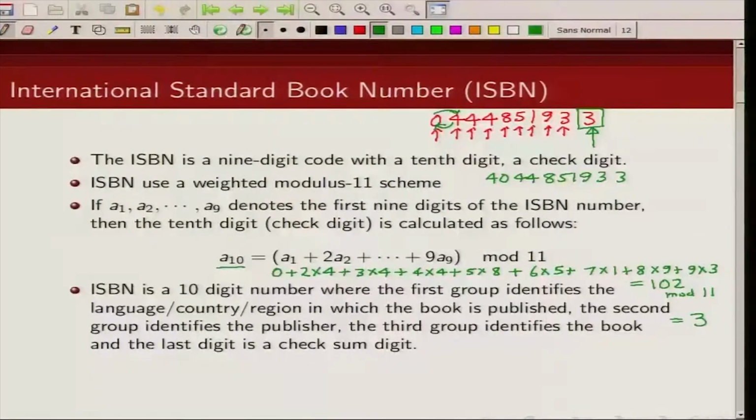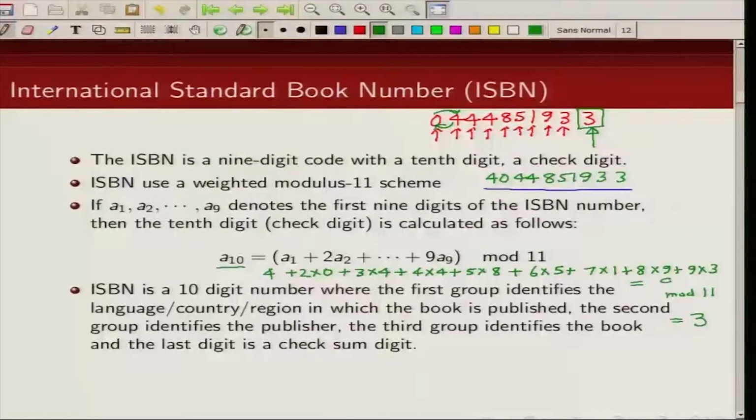This is a transposition error, and this particular code can detect such errors. We can verify this. Let us say this is the number which has been read by the barcode reader. We try to find out the check digit in this case. The difference would be that these two things will change because these two digits got interchanged. So, it will be 4 plus 2 times 0, and that would be 98.